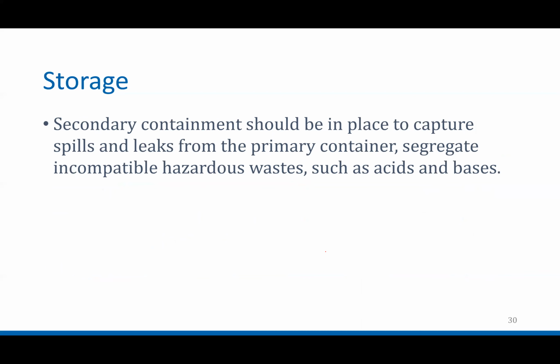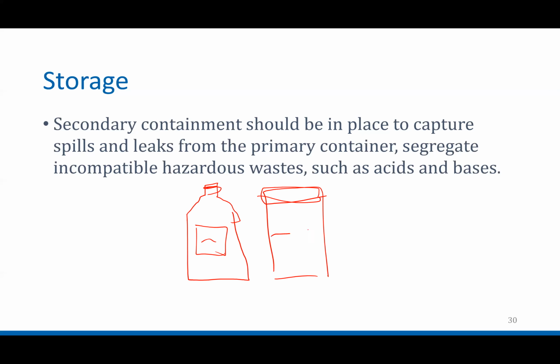And then the last thing, typically some of our wastes, liquid waste especially, we have a secondary containment that should be in place to capture any spills or leaks from the primary container. So what I mean is, you might have a bottle, right? You got your screw top on the bottle, you got your bottle labeled. You might have a few bottles, right?